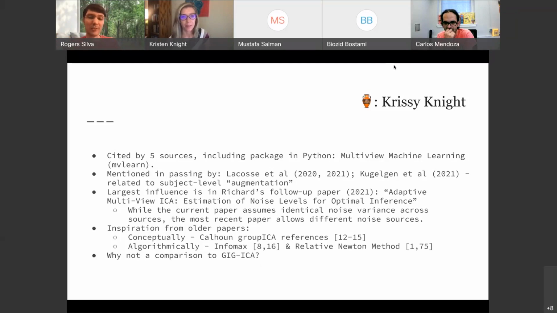If you consider specifically the case of group ICA, which is probably what you're thinking, right? Running group ICA first and then using those results as prior for subject level ICA, then in that case, I think I'm in agreement. It's a good comparison to do.